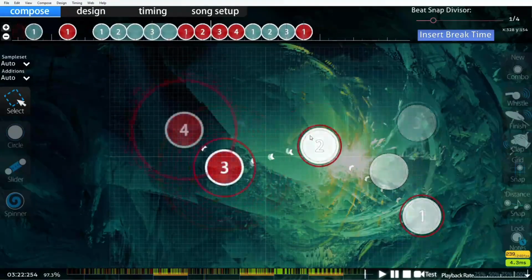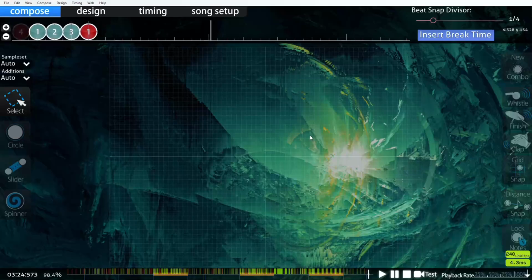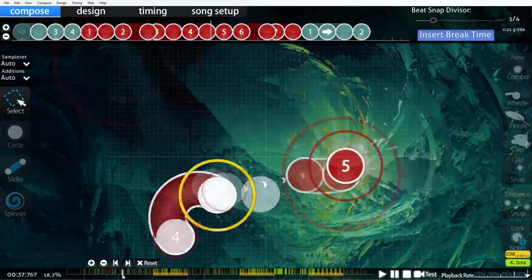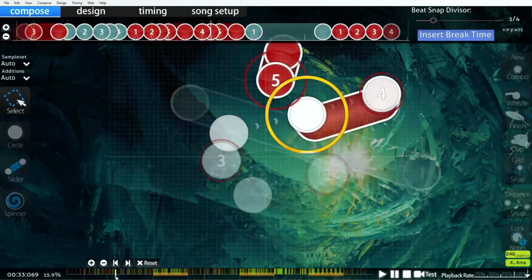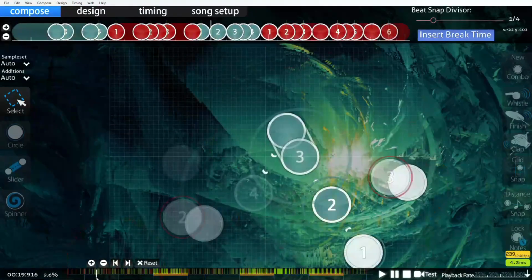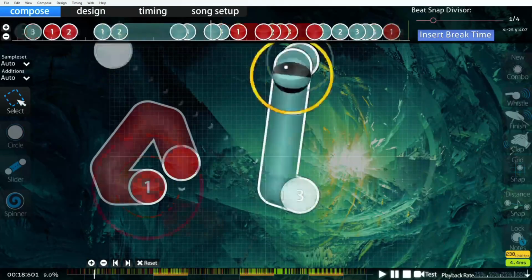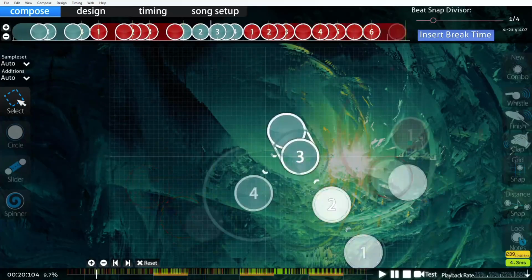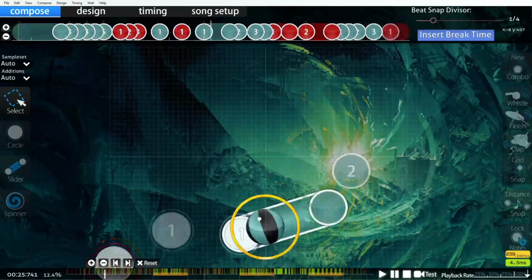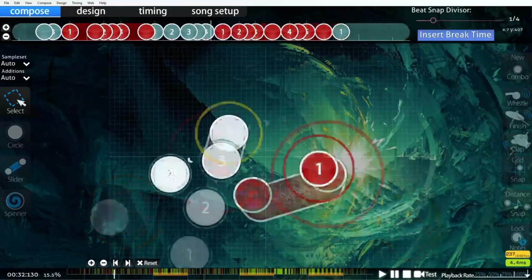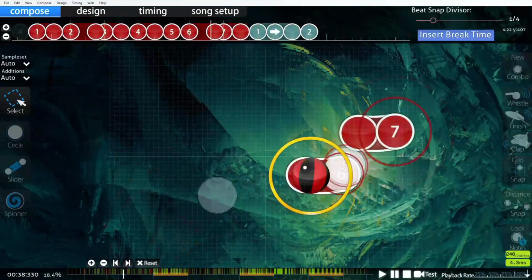So yeah, I think we got everything down. I tried to explain all the rhythm choices, movement, visuals. Actually, let's mention a word or two about the overlaps. I think we're gonna use this map because I'm lazy to find a map that is doing some crazy stuff with overlaps. To put a long story short, you will not find a single object in this map that is overlapping a slider body.